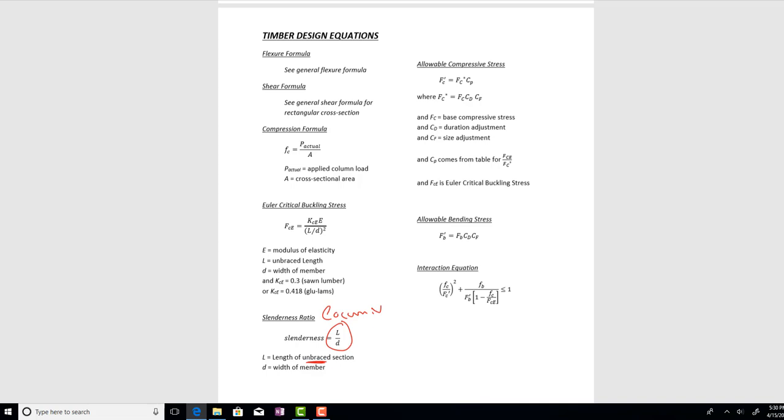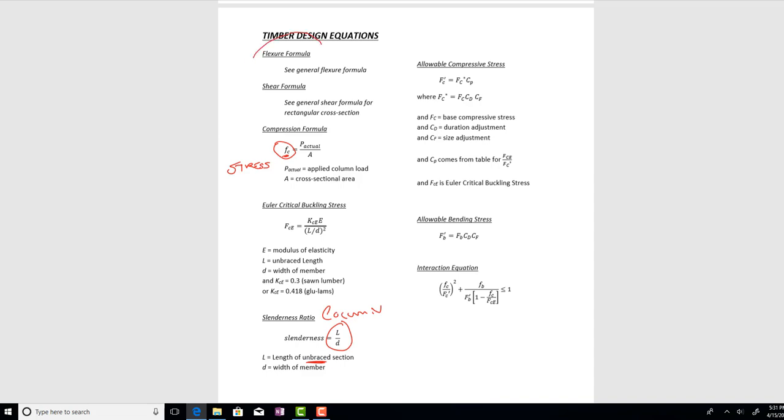This is the compression formula right here, where we simply have the point load divided by the cross-sectional area. This is simply a compression stress value that shows up. But we call it compression, F sub C, rather than F sub V, general stress, simply because we're dealing with compression of a column.